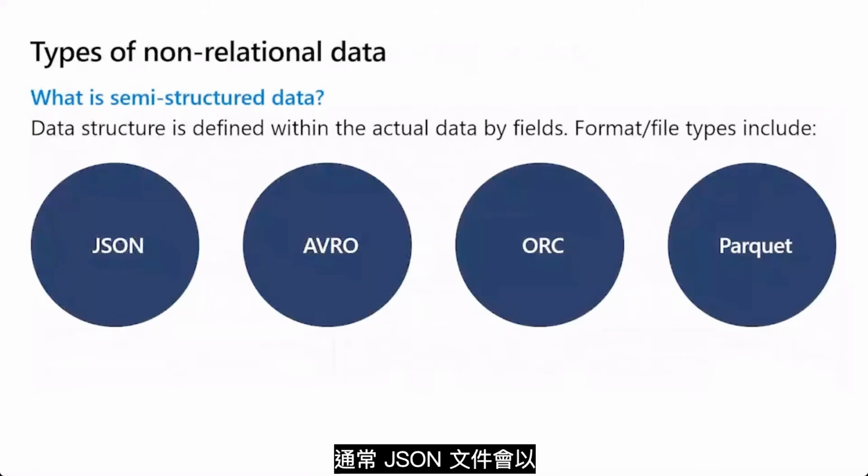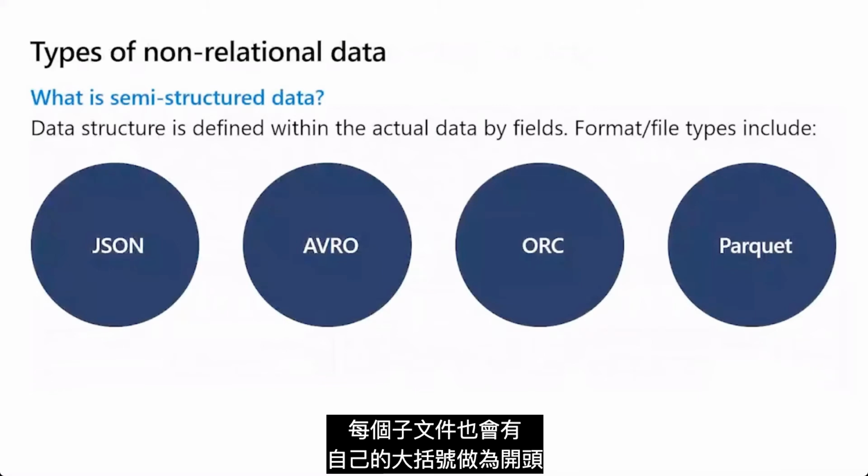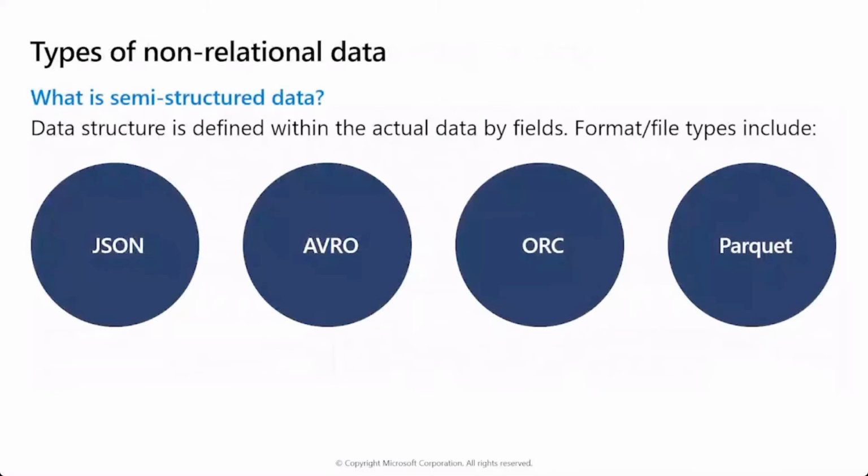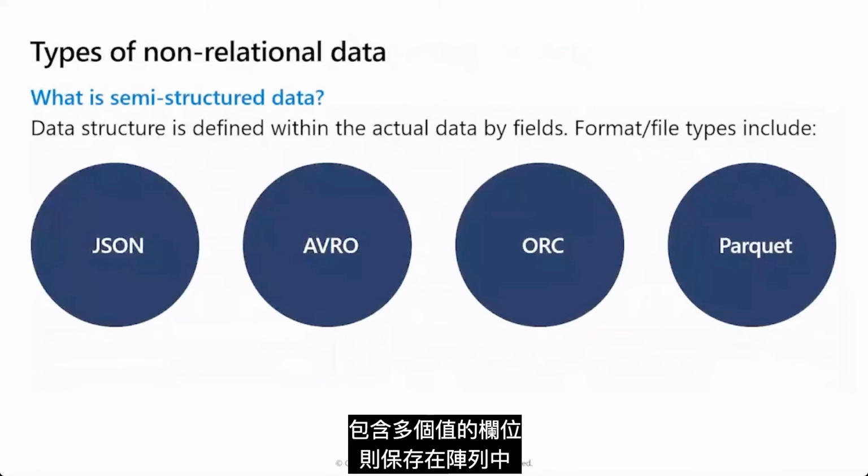Typically, a JSON document is enclosed in curly braces. Each field has a name followed by a colon and then the value of the field. The fields can contain simple values or could contain sub-documents, each also starting with its own curly braces. Fields that contain multiple values are held in arrays, and the arrays are denoted in square brackets.